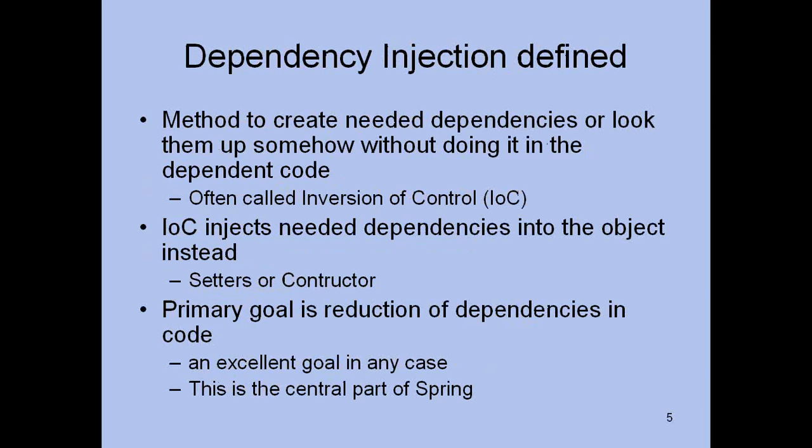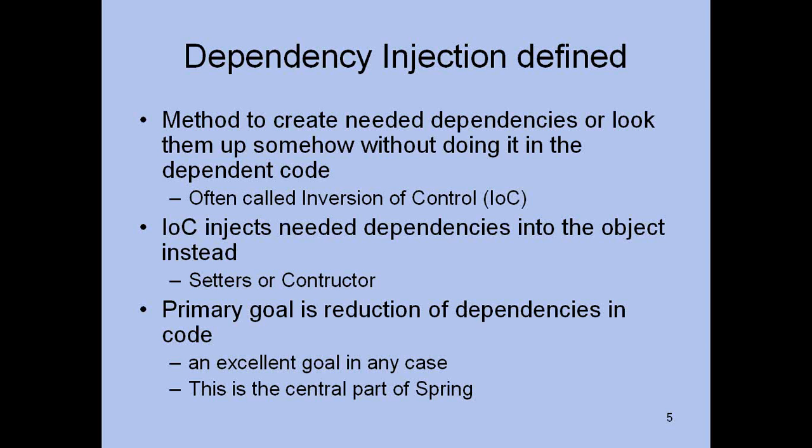Dependency injection is a method to create needed dependencies and look them up somehow without doing it in the dependent code. So here the idea is we won't be instantiating the object. The Java code won't be instantiating the object using the new keyword, but rather the dependency would be injected from Spring framework into the application, into the Java code.